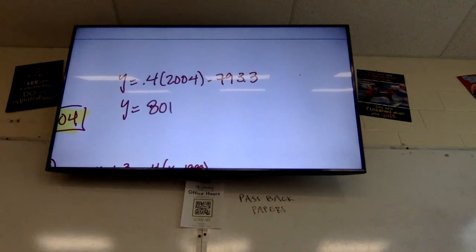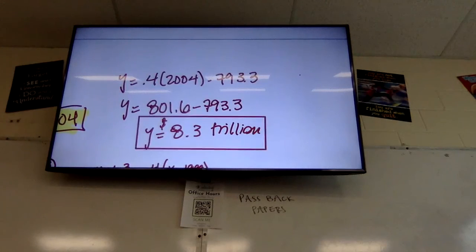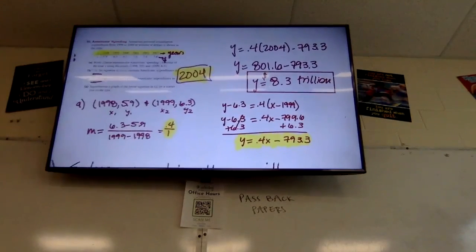I get 801.6 minus 793.3. And I get 8.3. Which makes sense because that's in trillions of dollars.